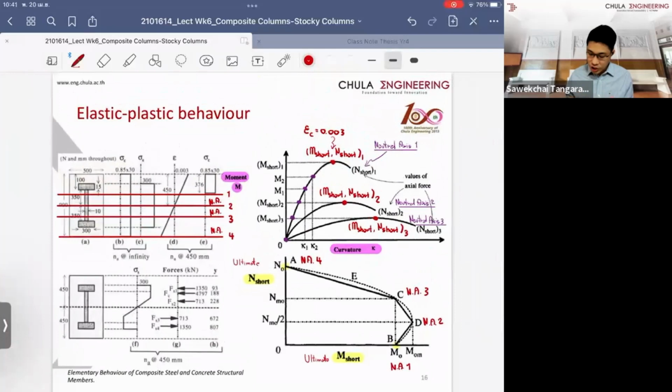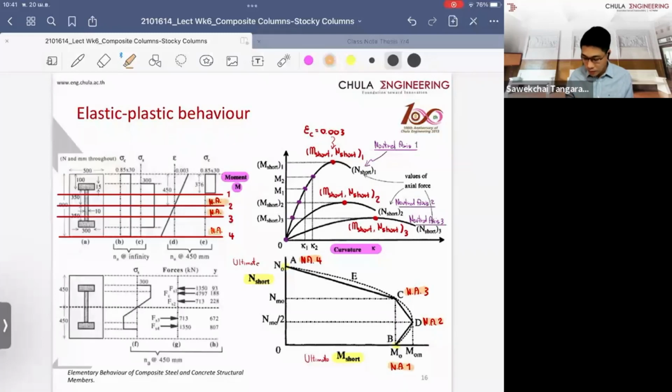If you keep changing the level of the neutral axis depth, you will have different capacities for the ultimate bending and the ultimate axial force.